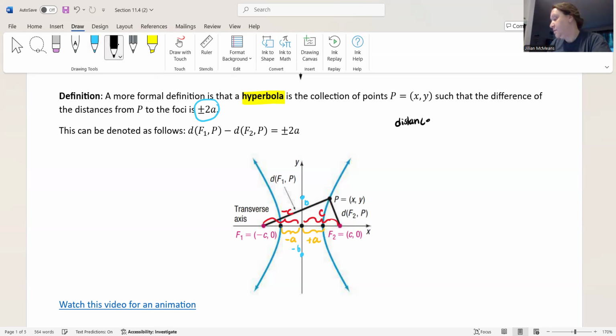If we take the distance from focus 1 to a point, minus the distance from focus 2 to the same point, it's always going to be 2a, or the distance between the vertices.